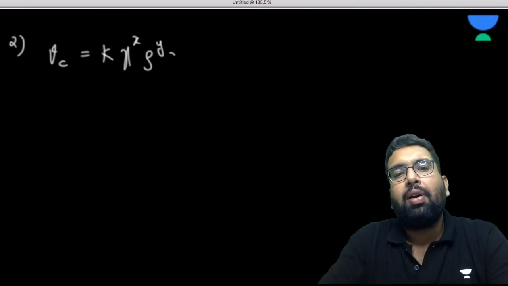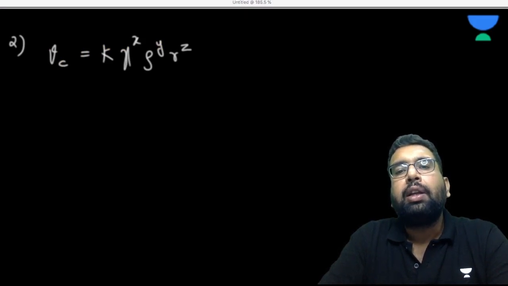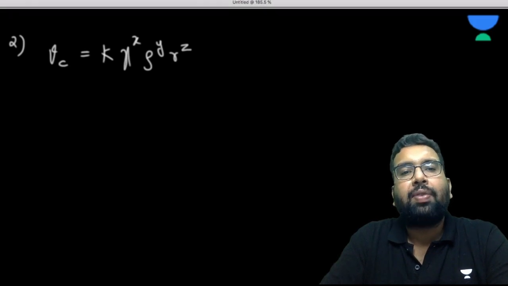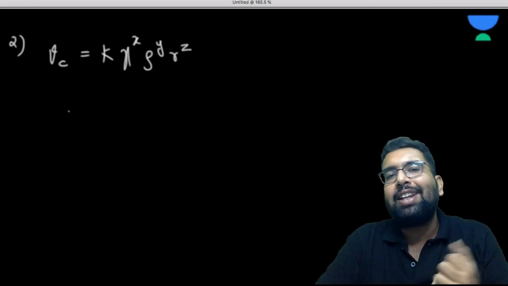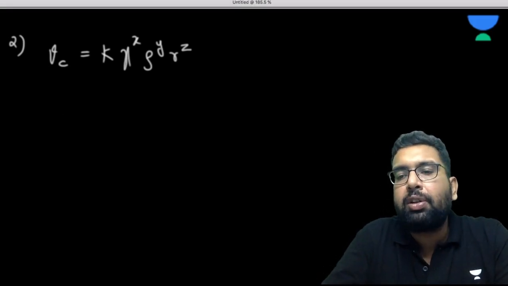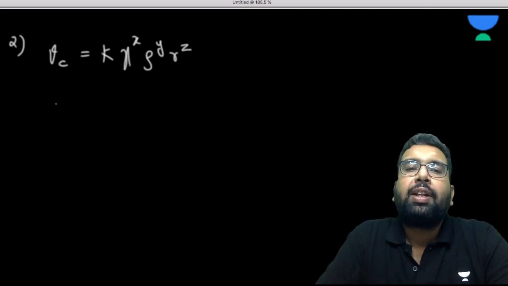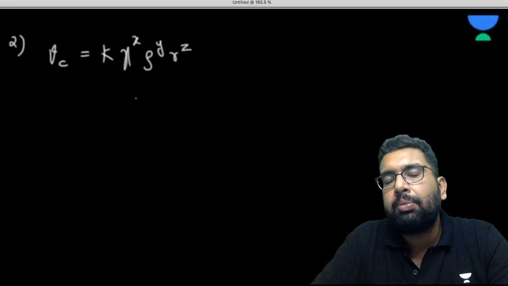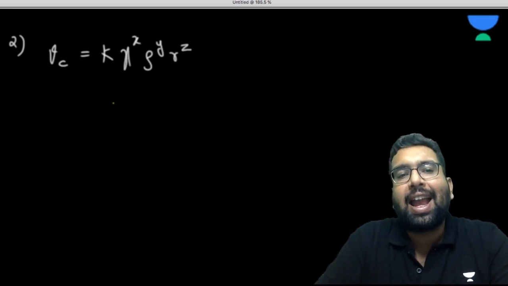Okay, so we need to find the value of x, y, and z. So again, we can use the principle of dimensional homogeneity, and we can write the dimension of the left hand side and the right hand side term, and then simply we can find the values of x, y, and z.